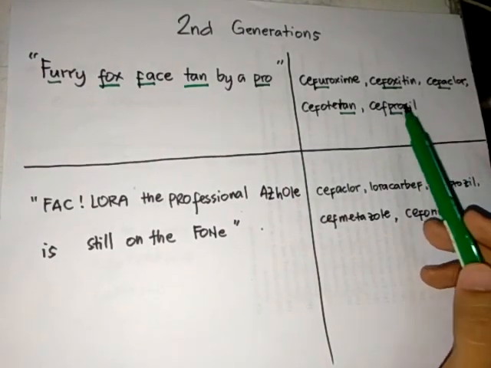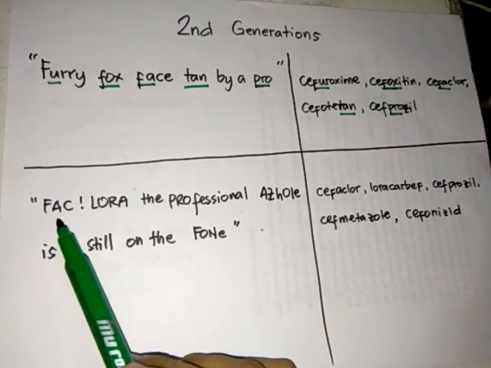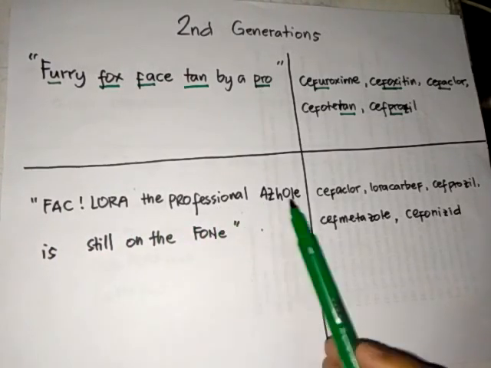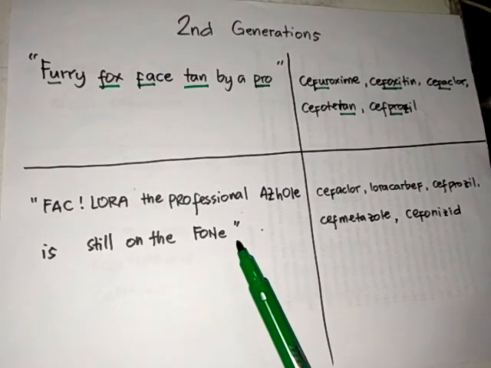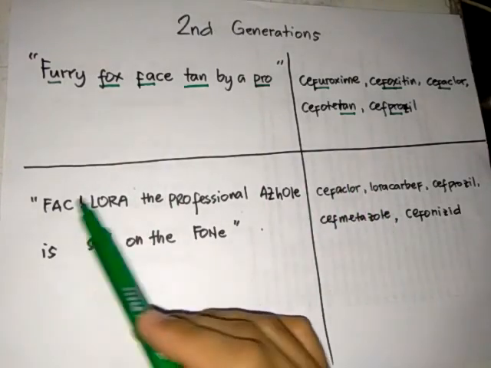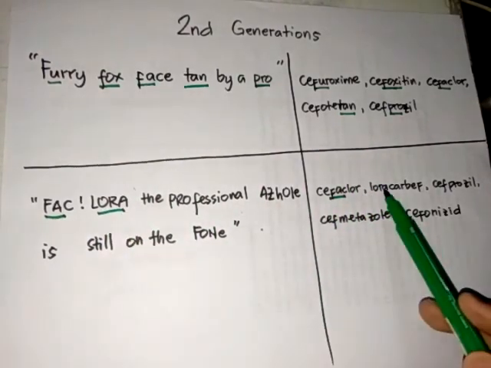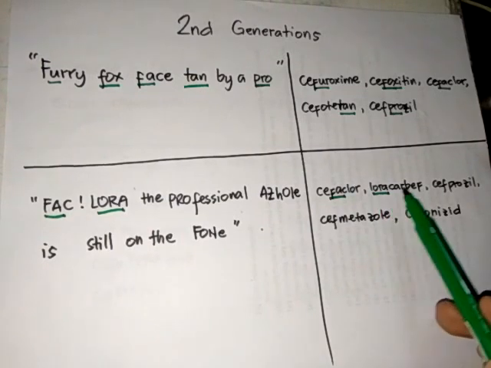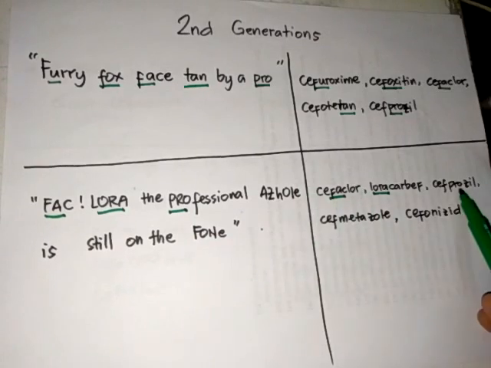Another expression you can use is "Fuck Laura, the professional asshole, is still on the phone." So what does this statement imply? That is for cefaclor, Laura Carbef, Loracarbef. Professional, PRO, cefprozil.